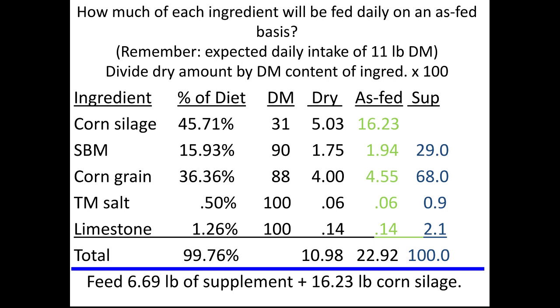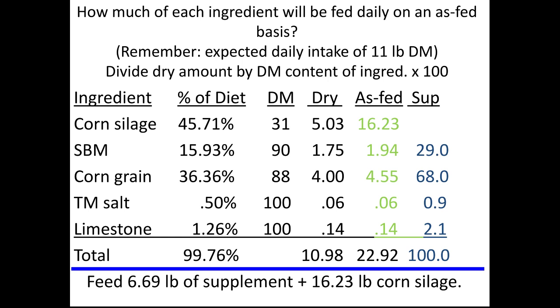But the question is how much of each ingredient will be fed on an as-fed basis. You remember how we convert between our dry matter basis and as-fed basis. We take the amount of food on a dry basis, divide it by the dry matter of the ingredient, and multiply times 100 to get the amount of that ingredient in pounds on an as-fed basis.